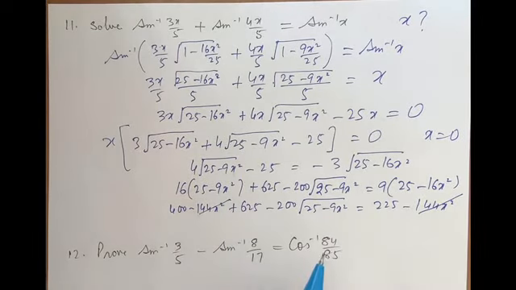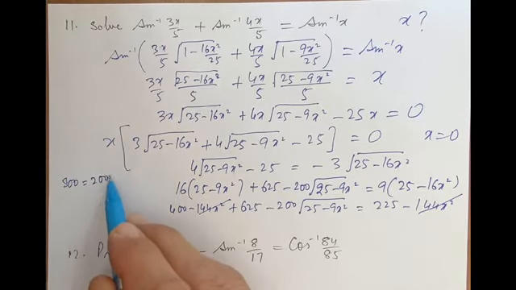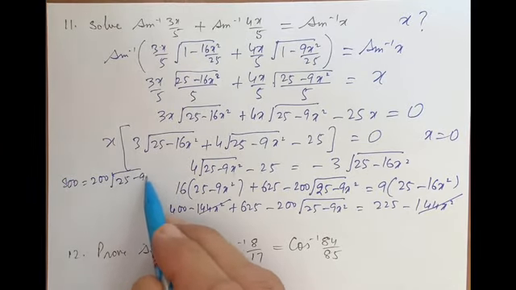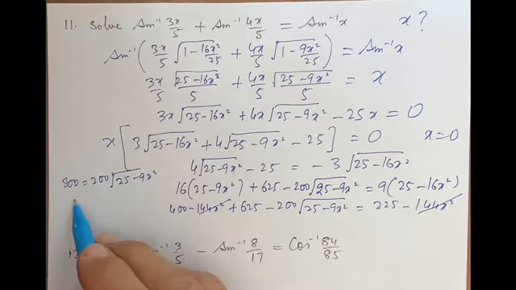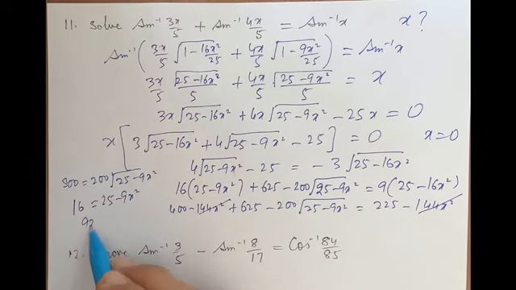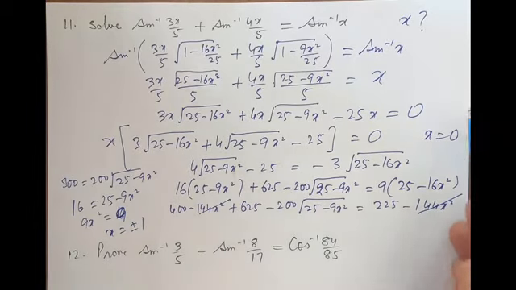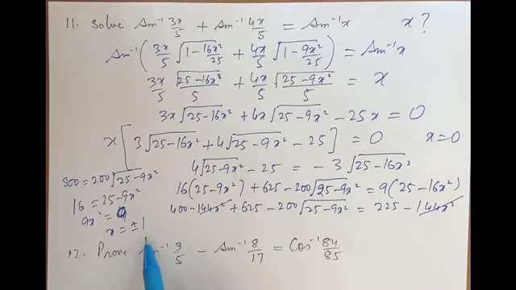Cancel this out. So 625 minus 225 is 400 plus 400, this is 800. This is equal to 200 into root of 25 minus 9x square, or 4 is root of 25 minus 9x square, so 16 equals 25 minus 9x square. 9x square is 9, so x is plus minus 1. So we will have three answers, x is 0 or plus minus 1.